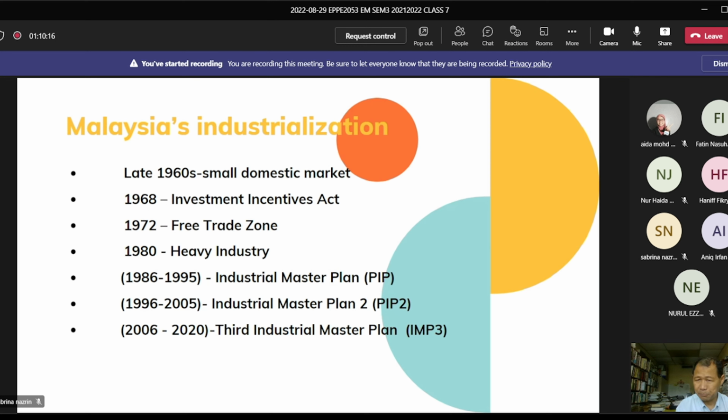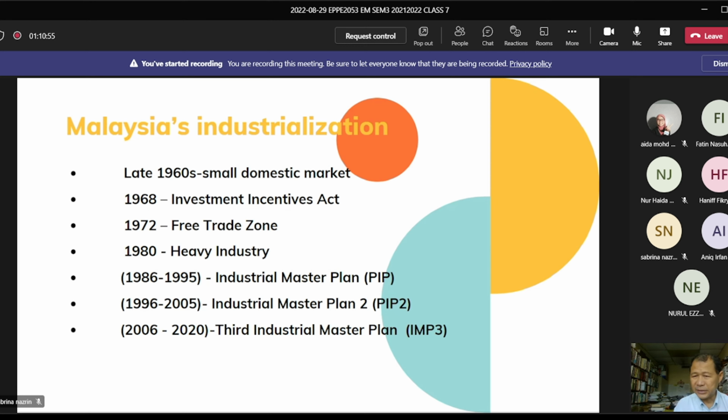So he launched HICOM, Heavy Industry Corporation of Malaysia. HICOM entered into a joint venture with Mitsubishi and opened a company called Perusahaan Otomobil Nasional, known until today as Proton. So Proton at the beginning was a joint venture between HICOM and Mitsubishi.